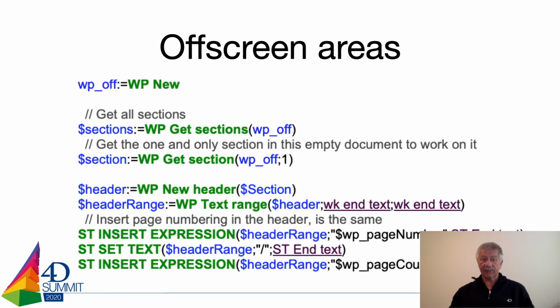I get this only existing one section in this sample document by WP Get Section with the number 1. If no header exists, I create a new one with WP Get Header. In the header, I create my text range with WP Text Range to fill in the page numbering the same way as before.